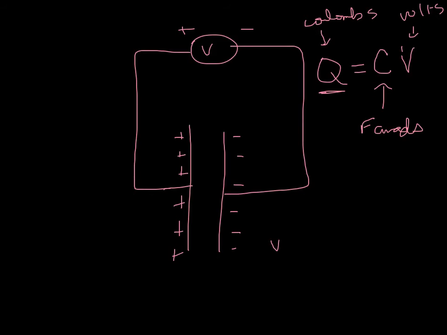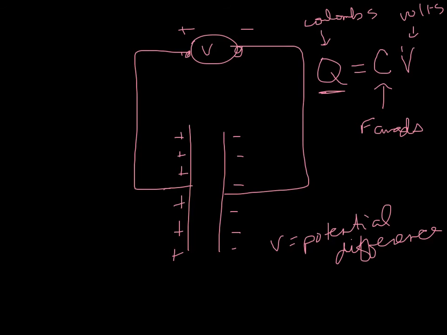Remember, V is also potential difference, so it's the difference between the two ends of our voltage source. So if I have a bigger voltage, I'm going to have bigger charge. If I have a bigger capacitor, I can store more charge.